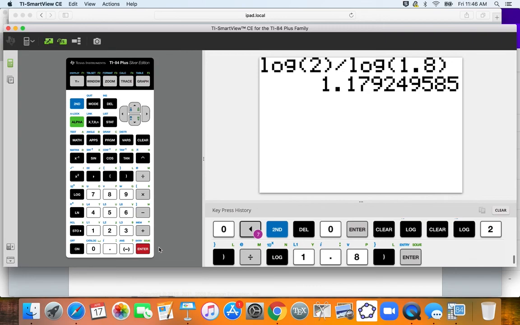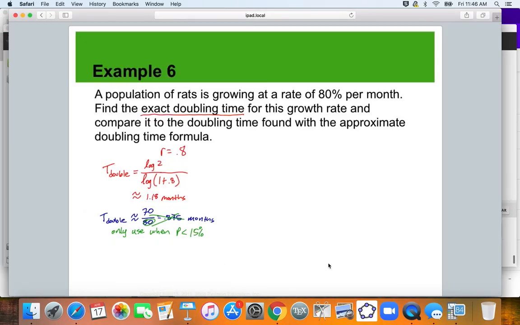So not a good approximation, but remember we're only supposed to use this approximation when the growth rate is less than 15%. And this is a growth rate well above 15%, it's 80. So you're not going to get a very accurate result there.